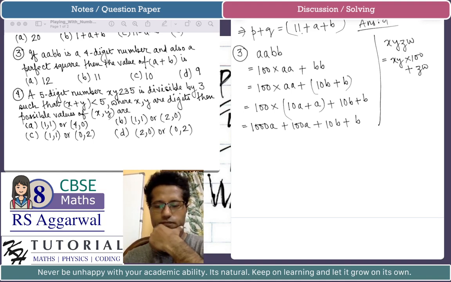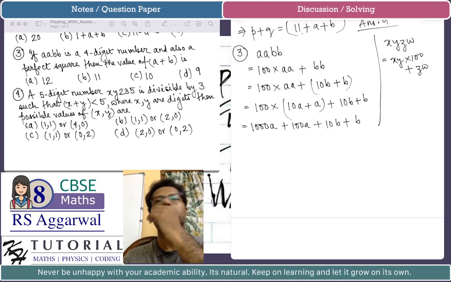I'm not sure how to proceed from here. Can this general form be simplified in a form where we can say what the value can be, considering the fact that this number AABB is a perfect square?